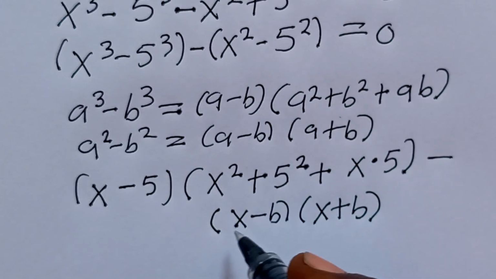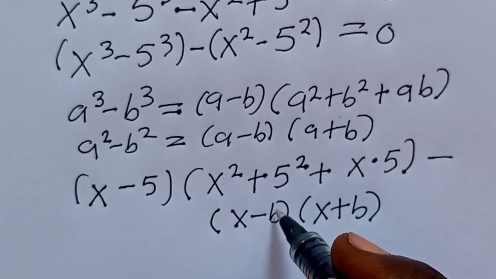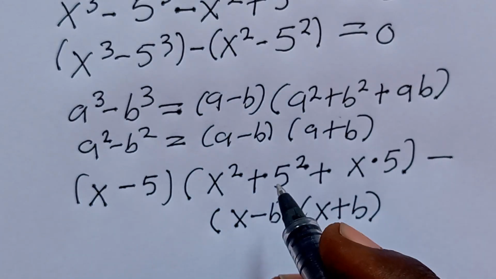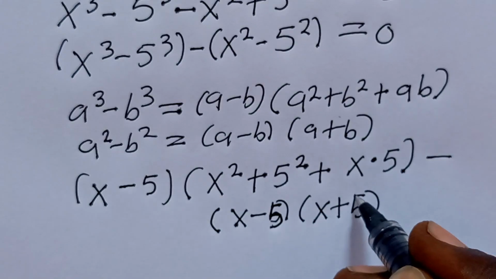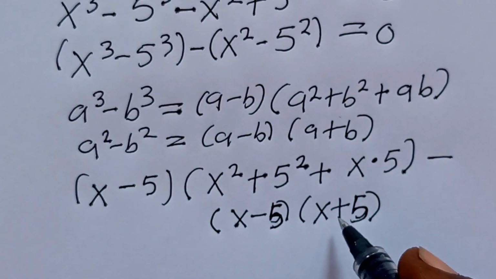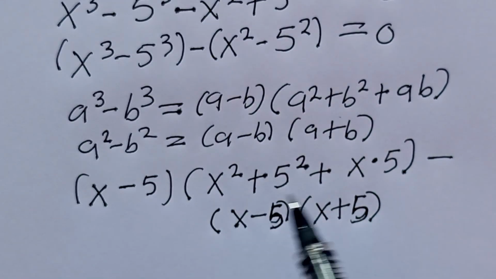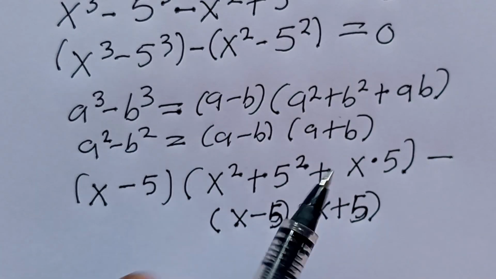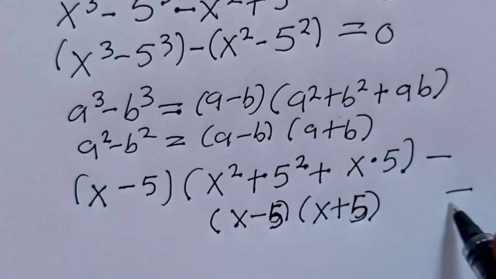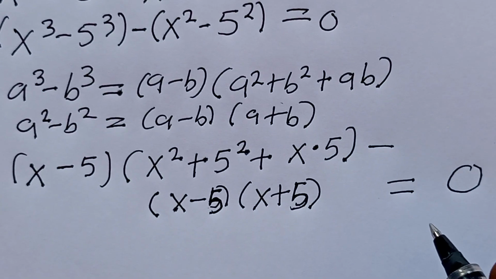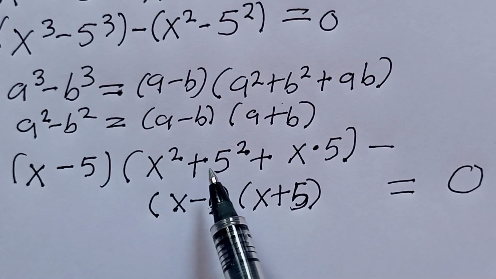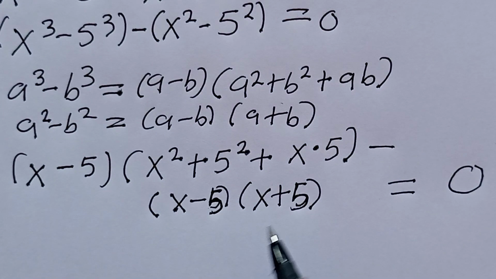But sorry, remember that our b in this case is 5, so it will be x minus 5 into x plus 5. So if this is what we have, all is equal to 0. So now this is it for the difference of 3 squares minus the difference of 2 squares.